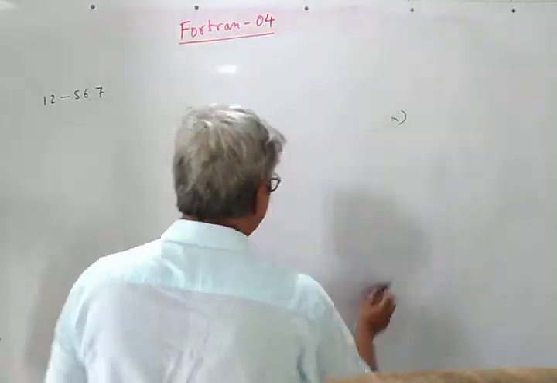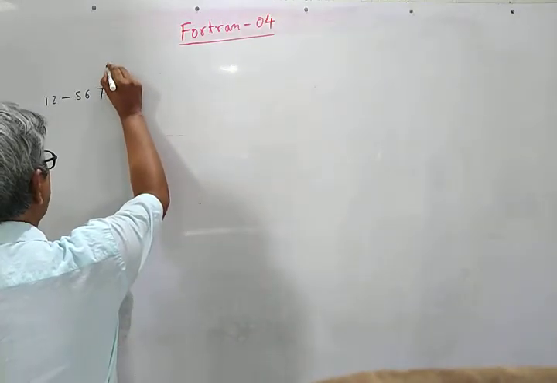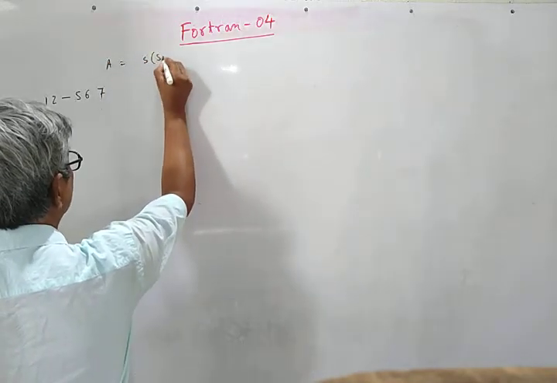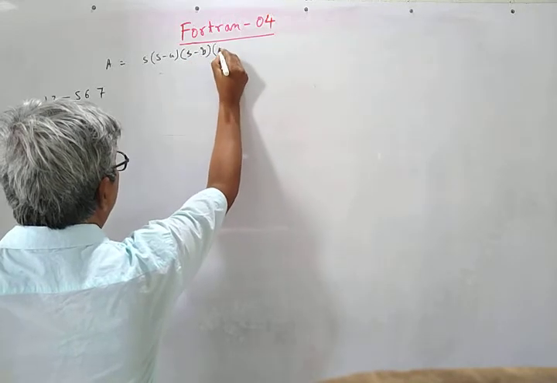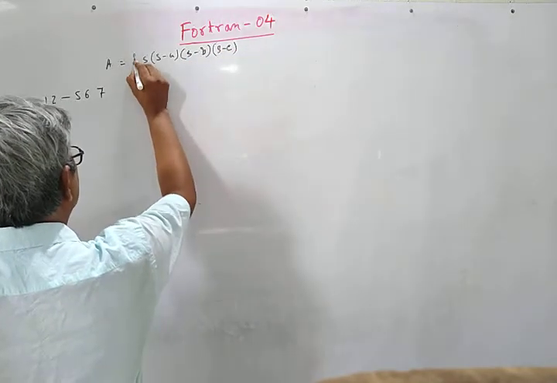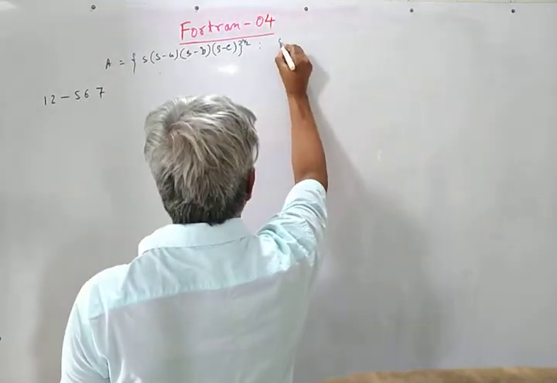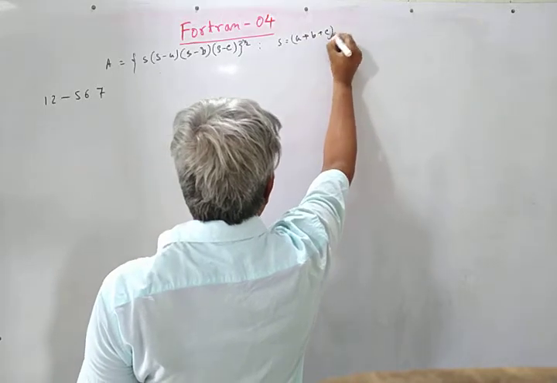Here I am going to calculate the area of a triangle using the Heron's formula, where S is equal to A plus B plus C by 2.